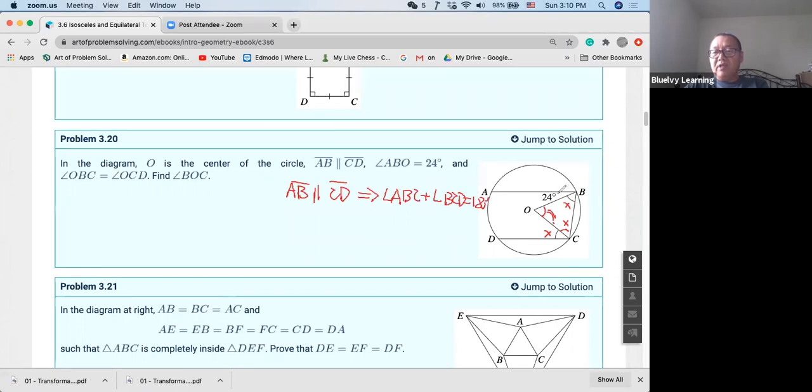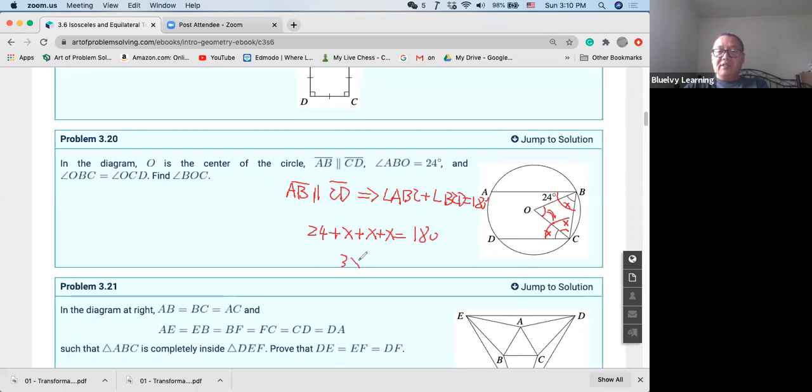So this angle plus this angle should equal 180. So we can write 24 plus x, then plus another x, should equal 180 degrees.